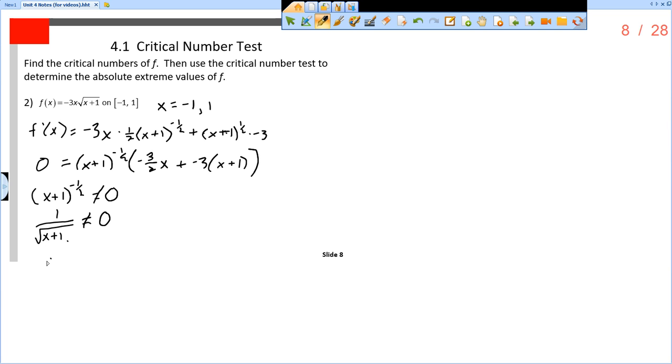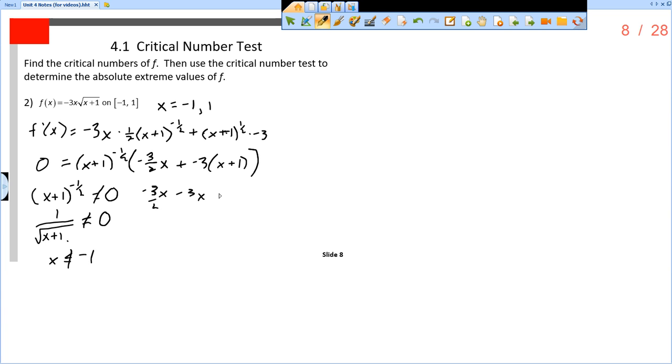So x cannot be less than -1. And so we know that x equals -1 is already a critical number, and so we would have that same value there.